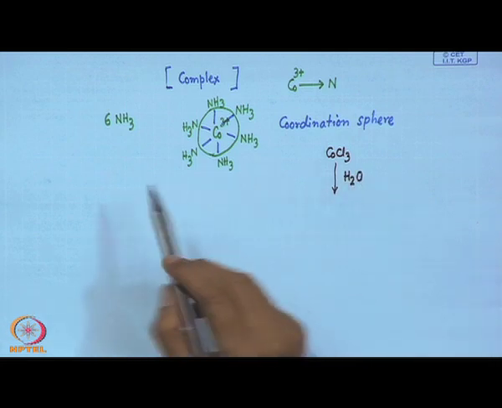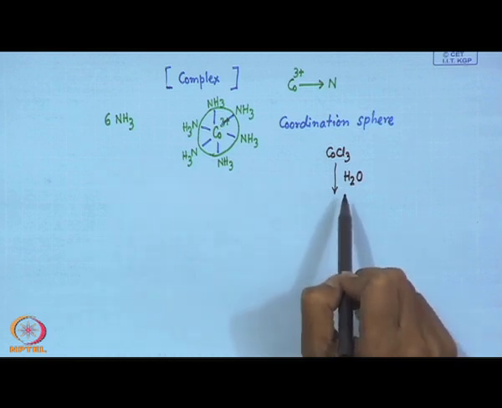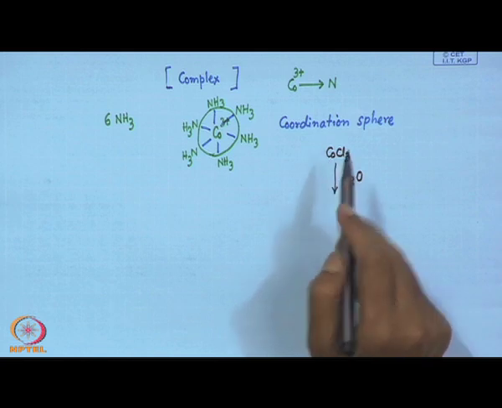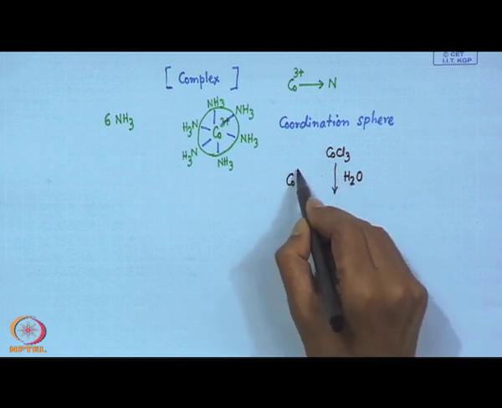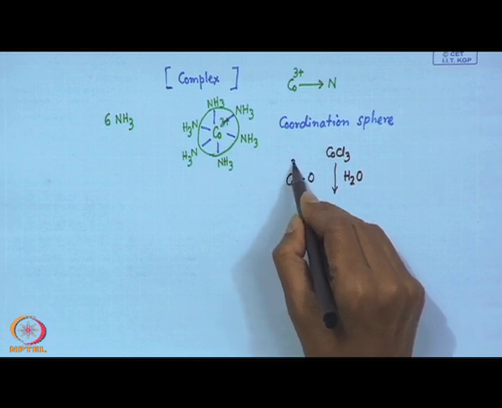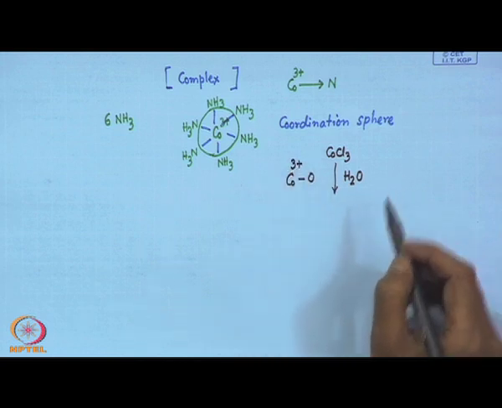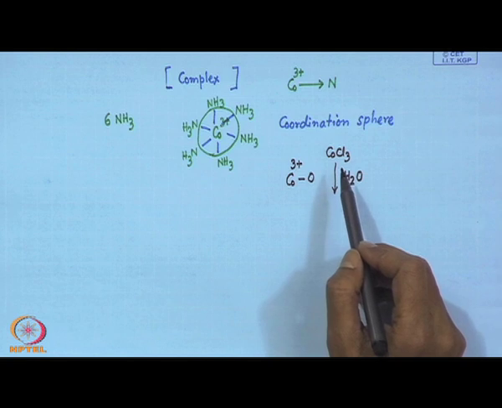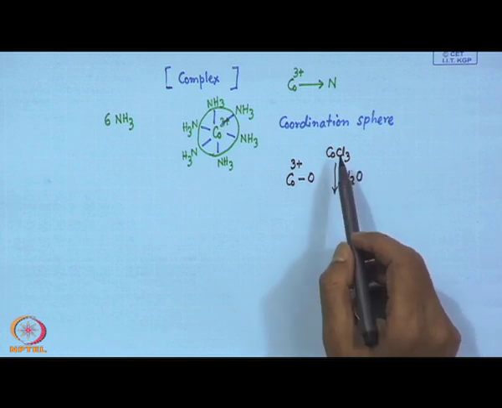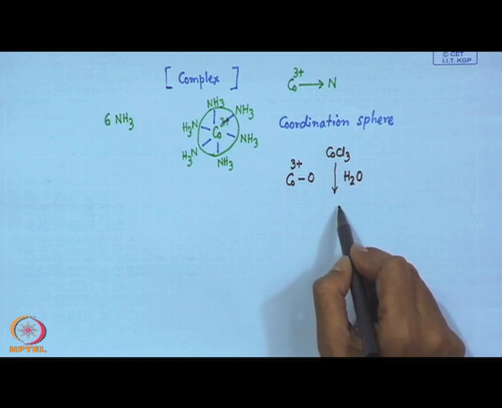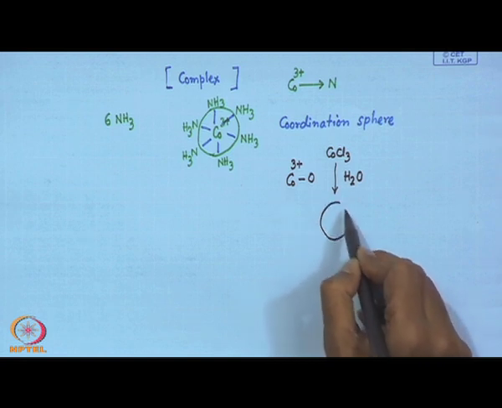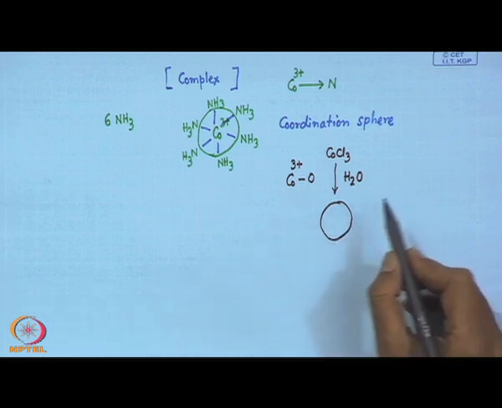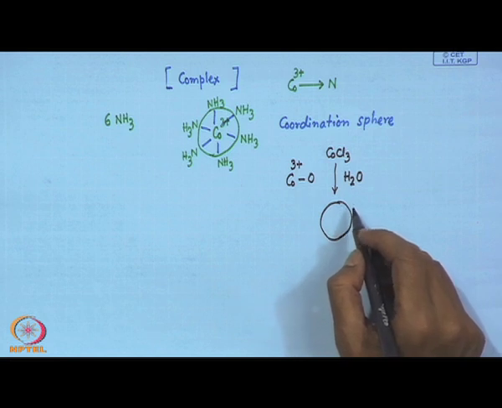Like ammonia, the water molecule can also interact with the cobalt center, forming the same type of cobalt oxygen bond with that trivalent cobalt. So, dissolving any metal salt, whether it is a cobalt chloride, a nickel chloride or a copper chloride salt, we should have a similar environment made up of water. That is a very important observation at that particular time.